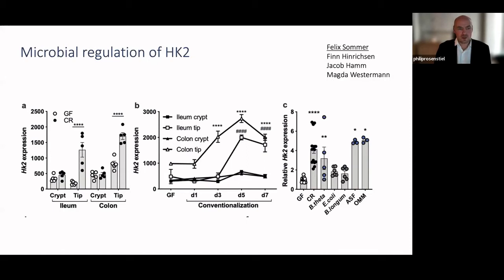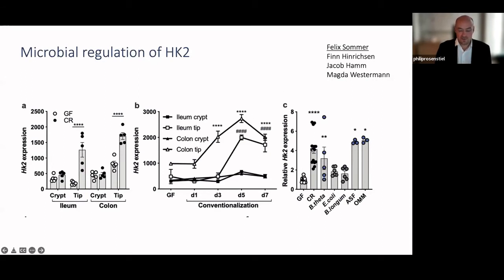This is also true when you start from germ-free mice and conventionalize them at a later time in adulthood, and you see that in the ileum and colon tip there is increased expression of hexokinase 2. Felix then also went on, in monocolonized animals, to try to understand which bacteria can ramp up the expression.